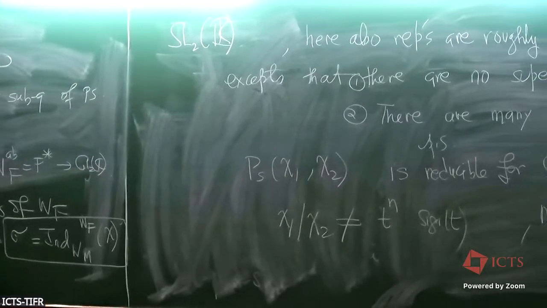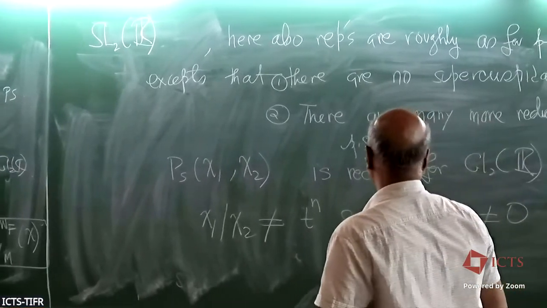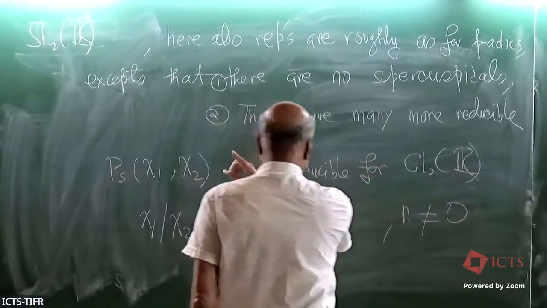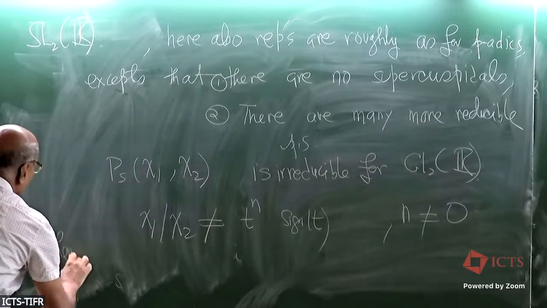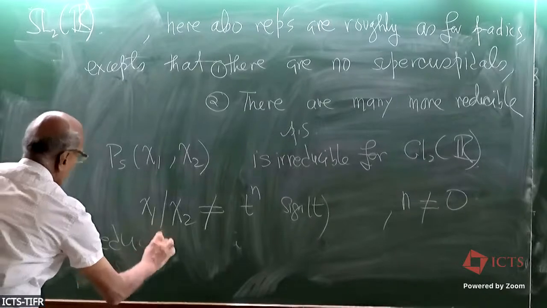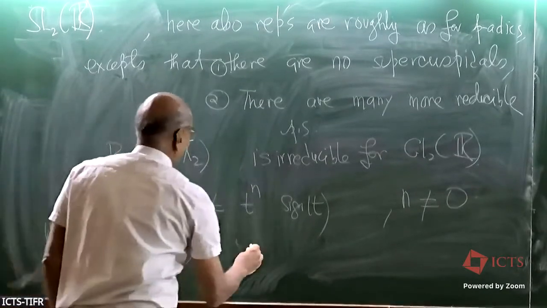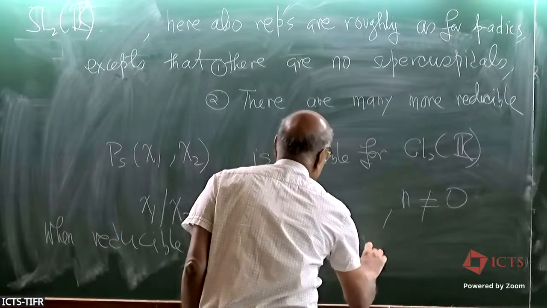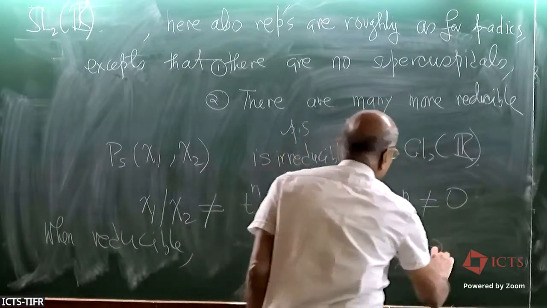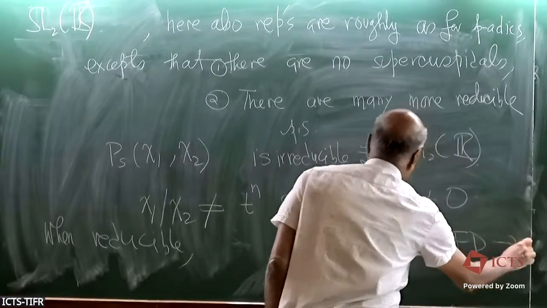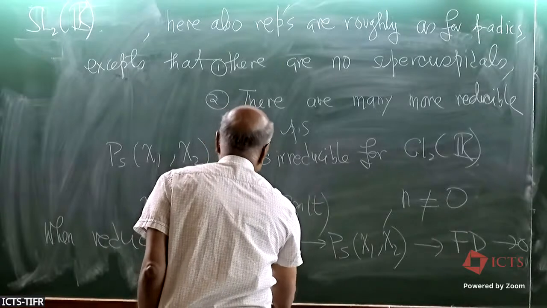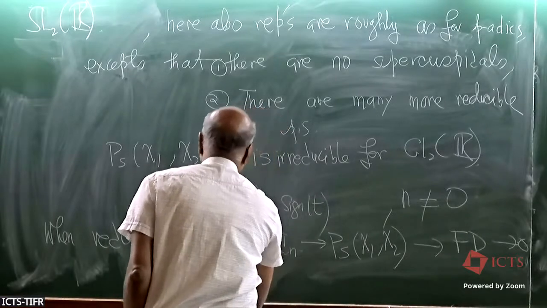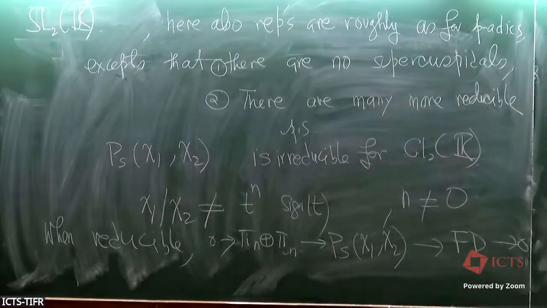And when reducible, there is this exact sequence: PS chi1, chi2 to finite dimensional. And then there is a discrete series pi n plus pi minus n as a representation of SL2R, and there is this exact sequence.